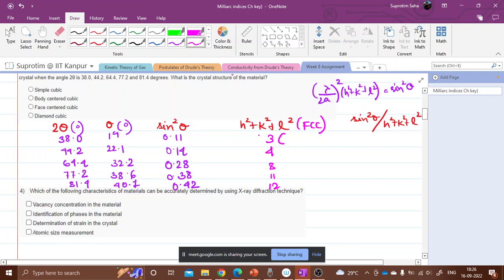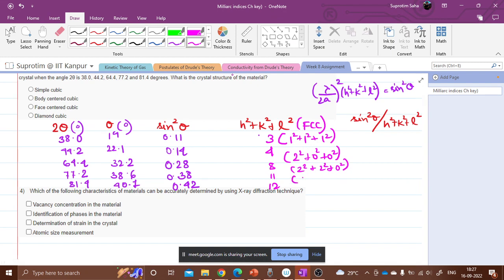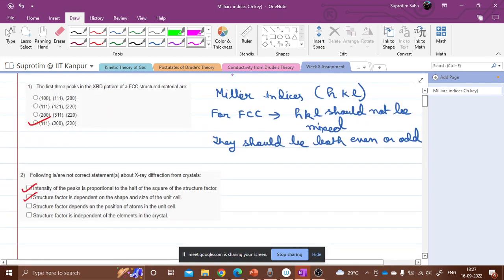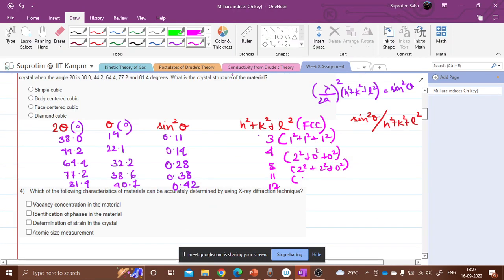So basically this is 1 squared plus 1 squared plus 1 squared. 2 squared plus 0 squared plus 0 squared. 2 squared plus 2 squared plus 0 squared. And this is 3 squared plus 1 squared plus 1 squared.